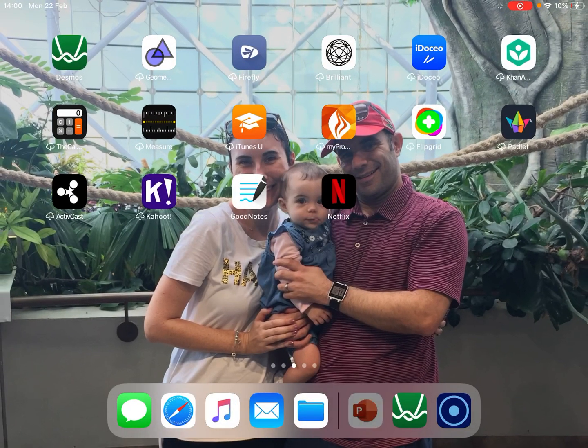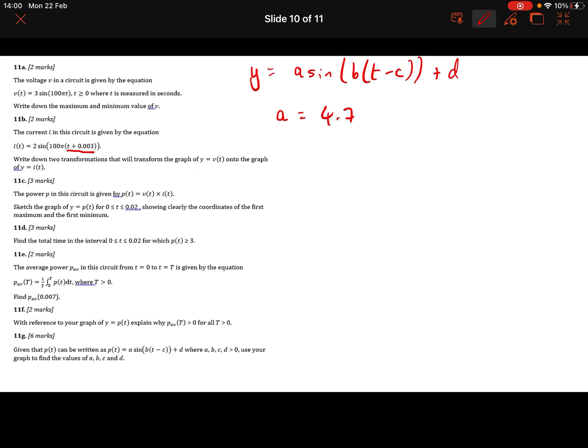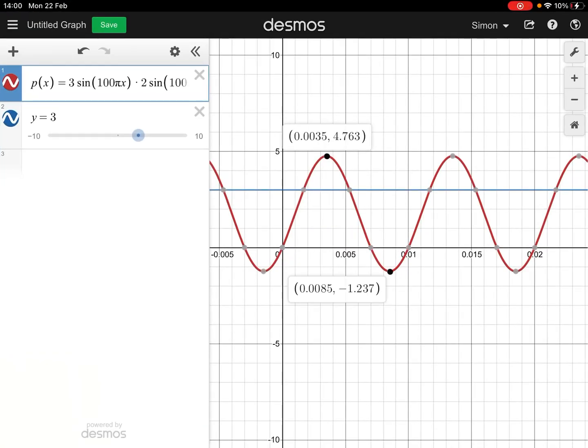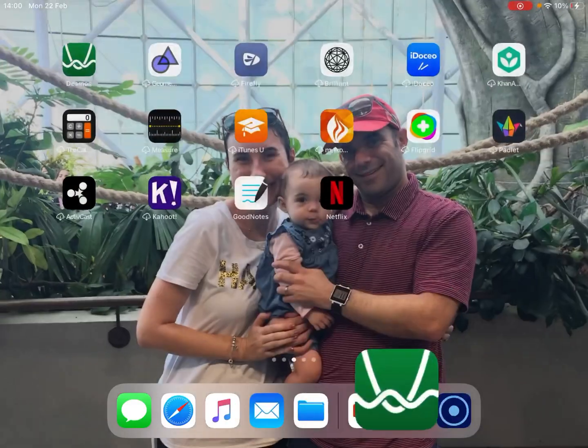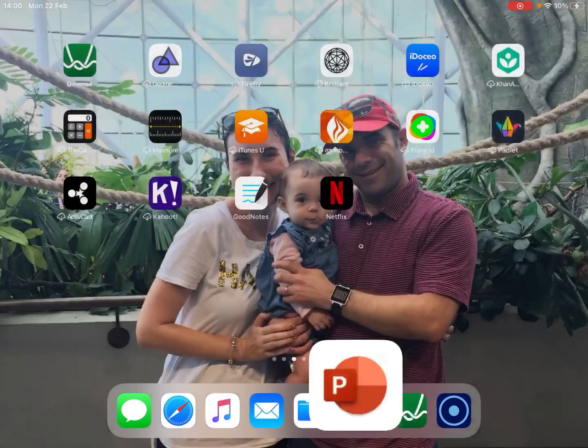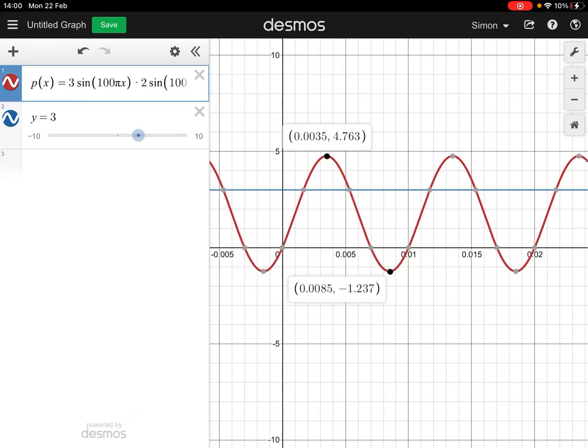The distance between those two y values, and half it. Okay, we're going to use a calculator. So we're going to get 4.763 plus 1.237 divided by 2, and that is going to be equal to 3. So the amplitude is 3.